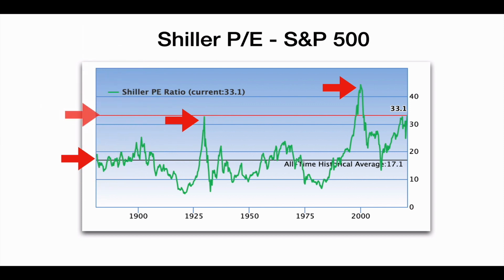And the PE right now is around 33. So you can see historically it's traded in this 10 to 20 mark. But more recently, we're now moving into a 20 to 30. But this is a great way to see when the stock market on a whole is either overvalued or undervalued.